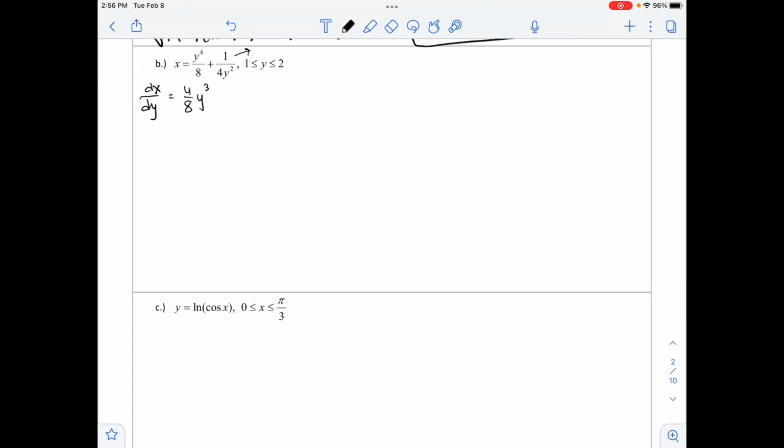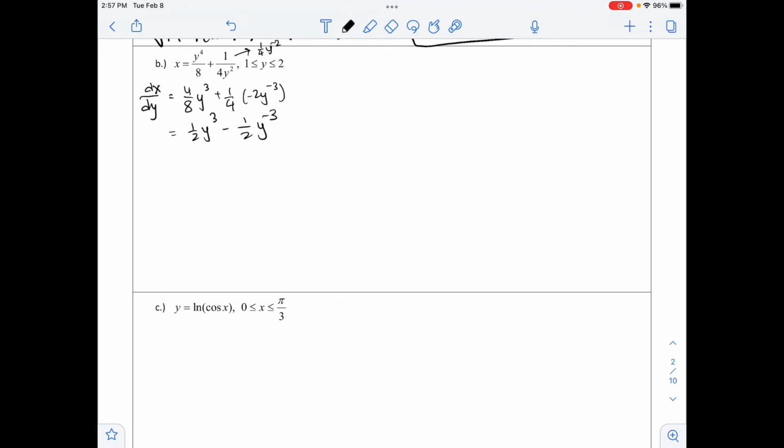This second term right here is the same as 1/4 y to the negative second. So taking a derivative of this, we're going to have plus 1/4 times negative 2y to the negative third. And just cleaning this up a little bit, we have 1/2 y cubed minus 1/2 y to the negative third.